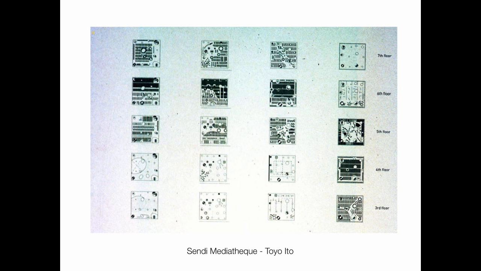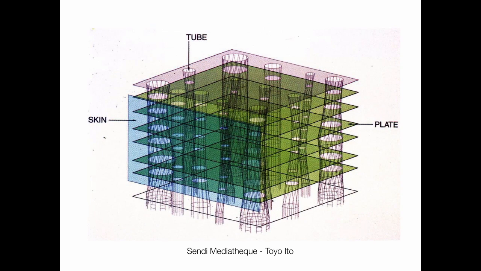Same building, the Sendai Mediatheque. Very similar solid void analysis, right? The public spaces versus the private spaces, or in this case, the stacks of where the media is stored. And so you can see floor by floor what these diagrams represent. Then we get to more of a 3D model, right? We have basically the floor plates identified in yellow. We have the glass skin that goes on, right?